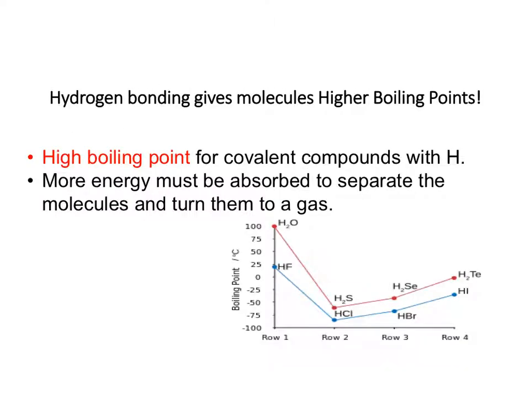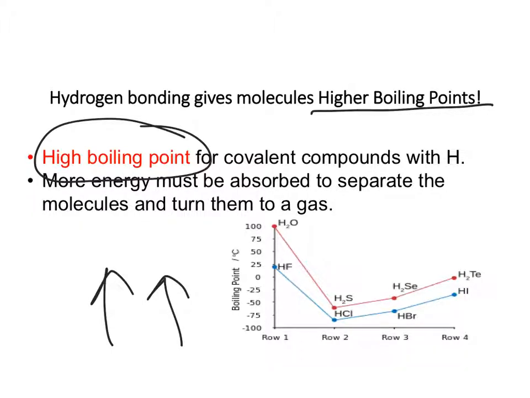Hydrogen bonding also gives molecules, the stronger the hydrogen bonding, the higher the boiling point, meaning that you need to create a higher temperature in order to create more energy in order to break apart those liquids and turn into a gas. So the higher the boiling point for a covalent compound, usually it's the ones that have hydrogen bonding involved.